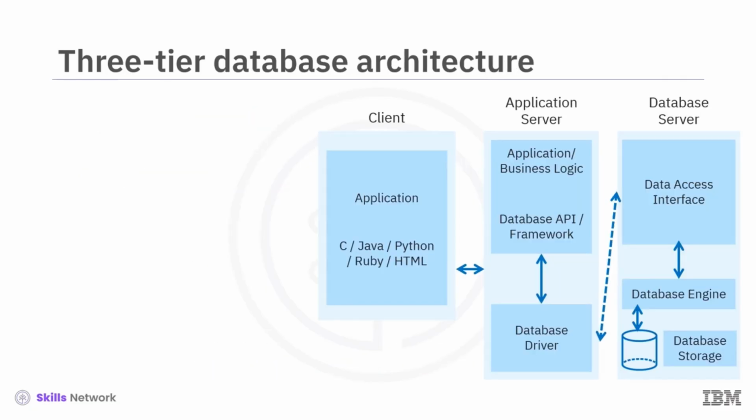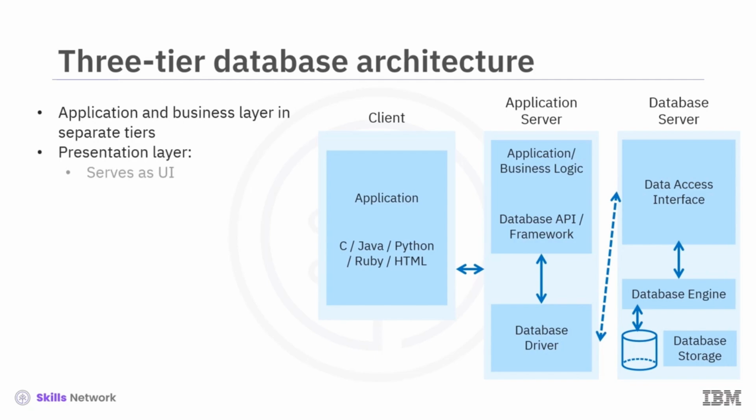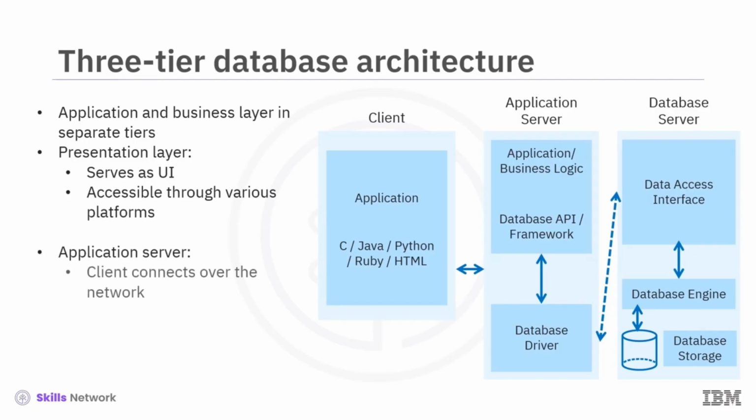In a three-tier database architecture, the application presentation layer and business logic layer exist in different tiers. The presentation layer serves as the user interface, accessible through various platforms like desktop applications, web browsers, or mobile apps. The client application interacts with an application server via the network.